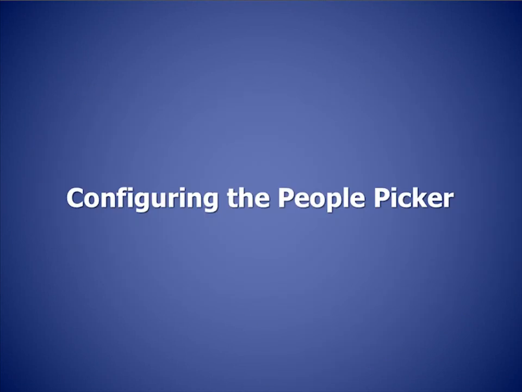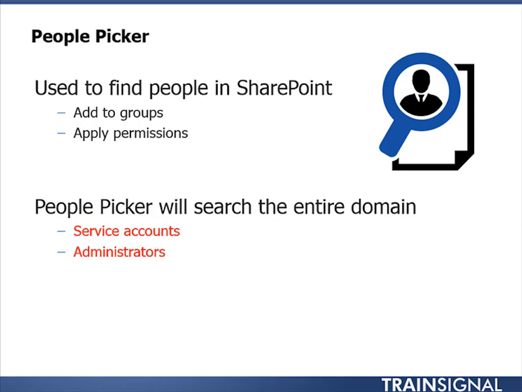The first thing that we want to take a look at is the people picker. Whenever somebody goes in to apply permissions, they're going to use the people picker. Now, the catch with the people picker is that it's basically going to look throughout your entire Active Directory domain and any other provider that you may have set up.